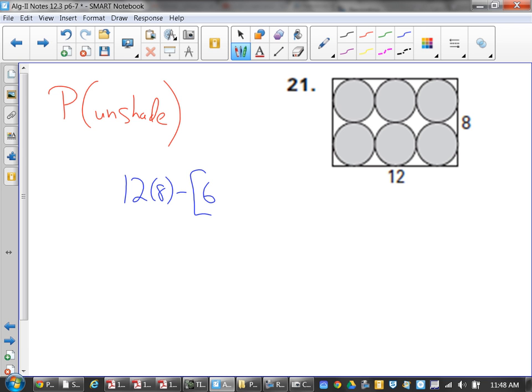Each circle has an area of 4 pi. How do you find a radius? If this is 8, each diameter is 4, therefore each radius is 2. And then we just put it over the total. Okay? That's how those things work.